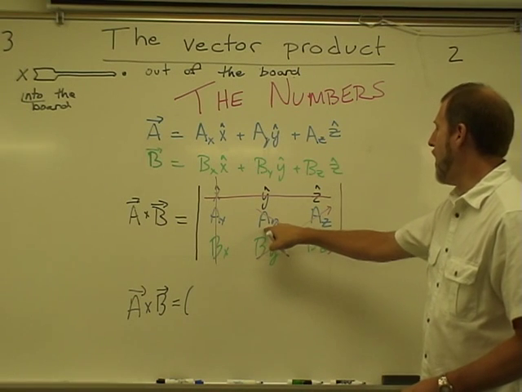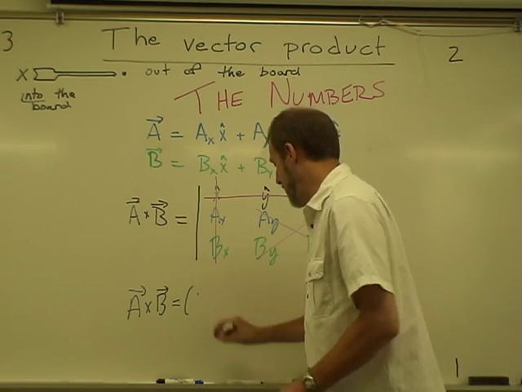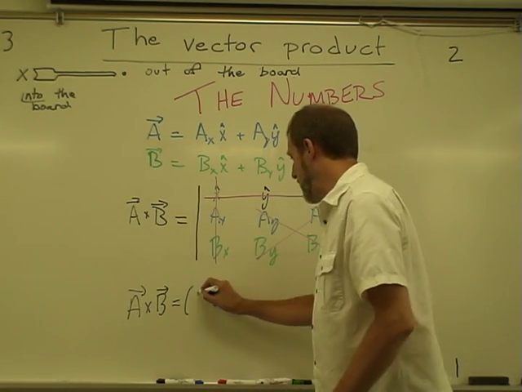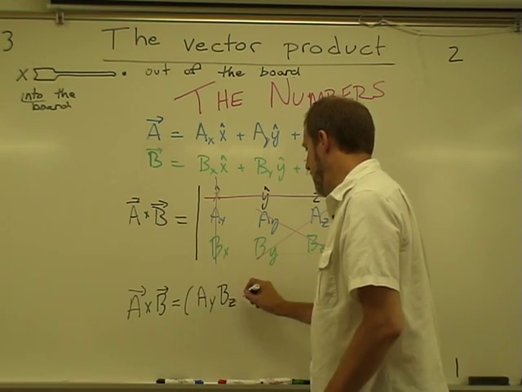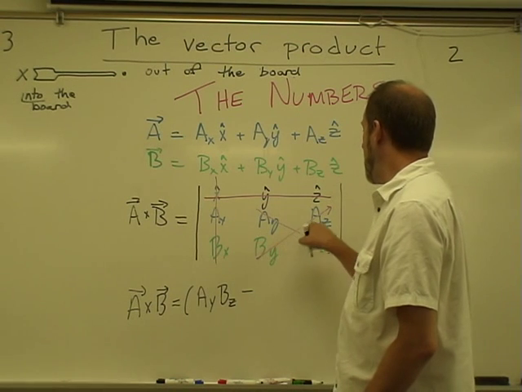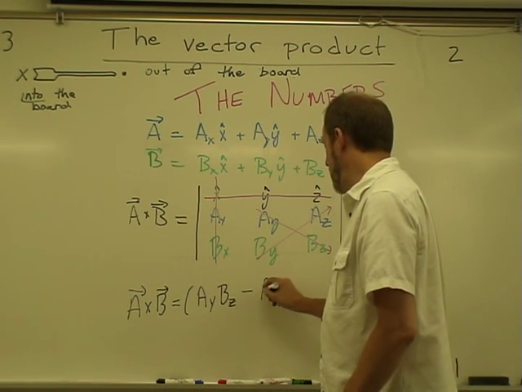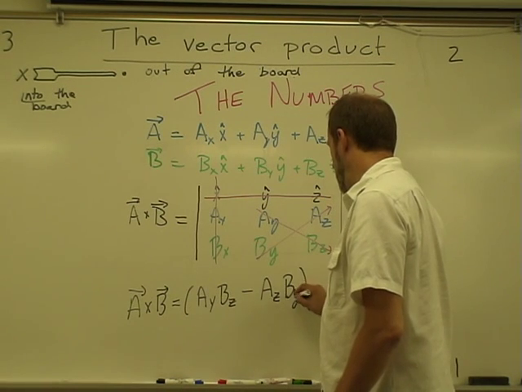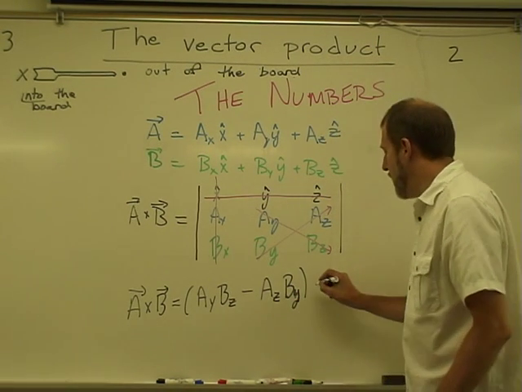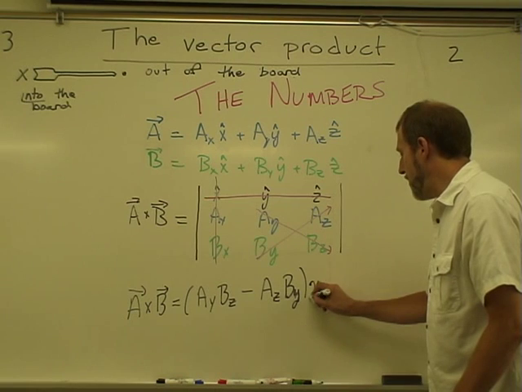So I'd have ay times bz minus az by, and that is our x component.